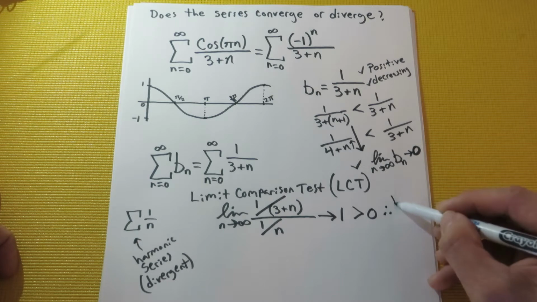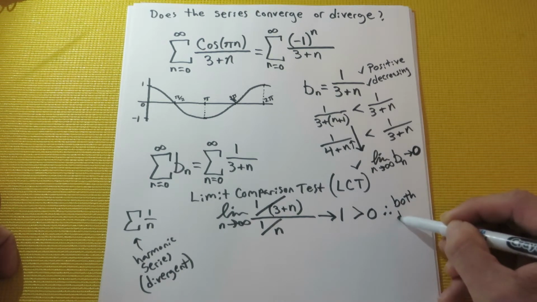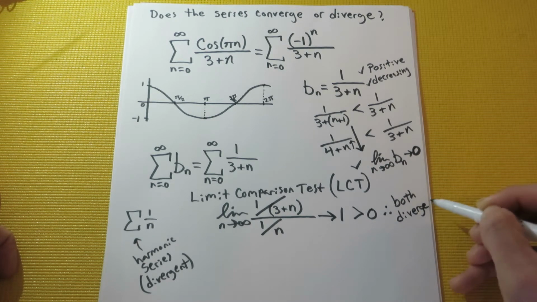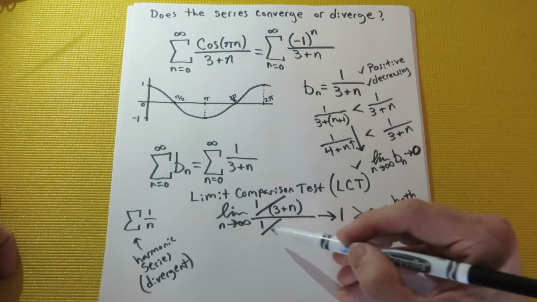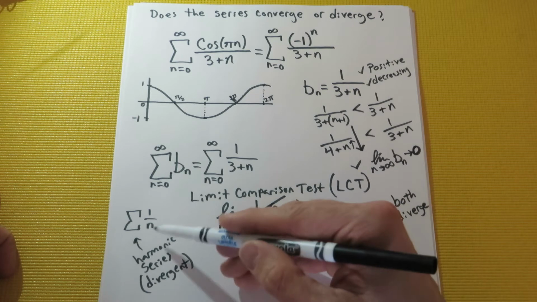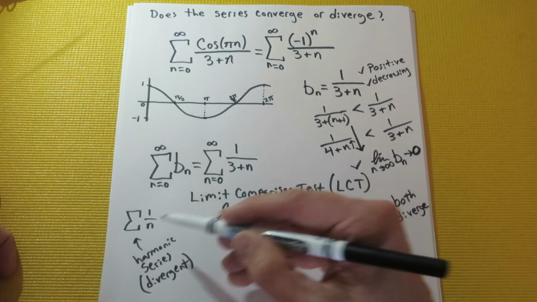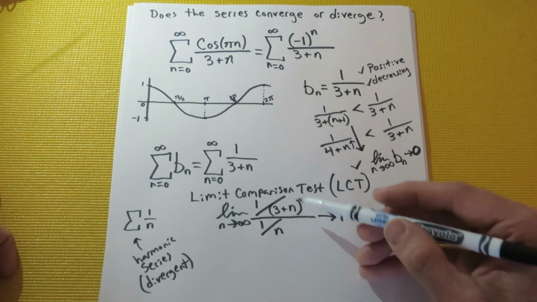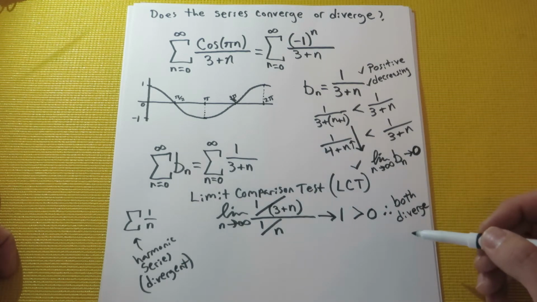So a sub n and b sub n, representative of these respective series here, both of the series will diverge.